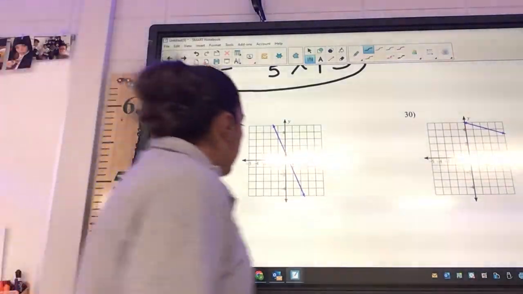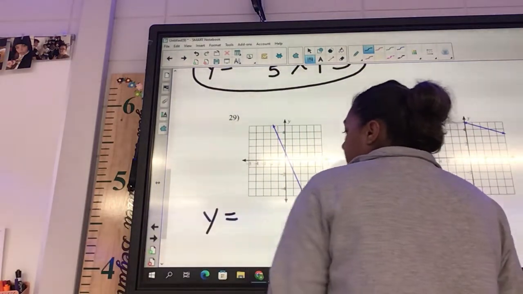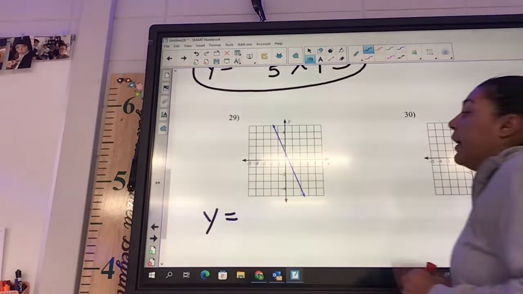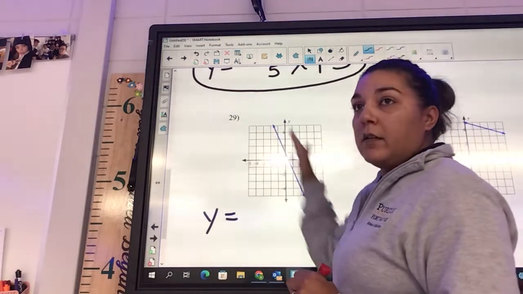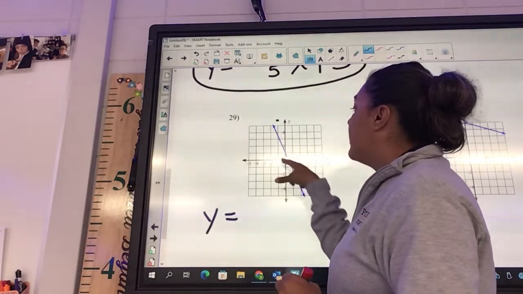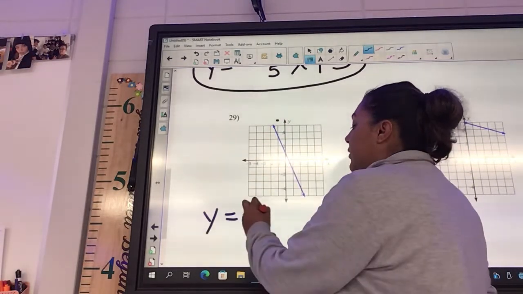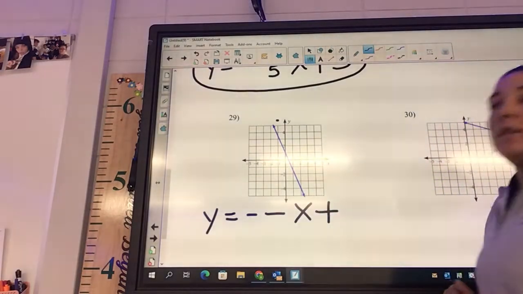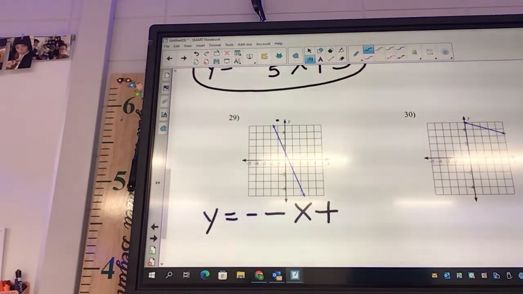Okay, 29, we're gonna set it up. Y equals, is that negative or positive? Okay, it's going this way, so it's negative. See how the top arrow is in the negatives? That kind of lets you know. So here's our fraction bar, x plus, you fill out the rest, and I'll check it.